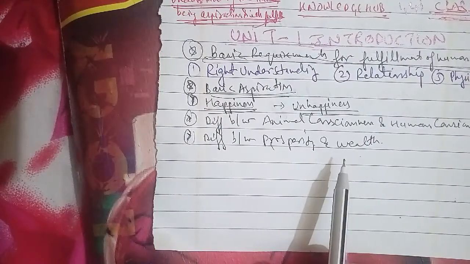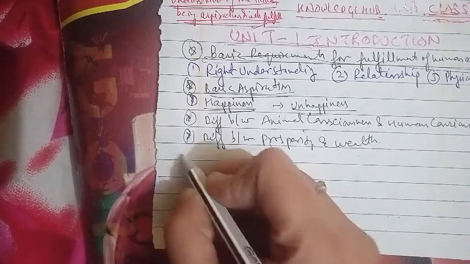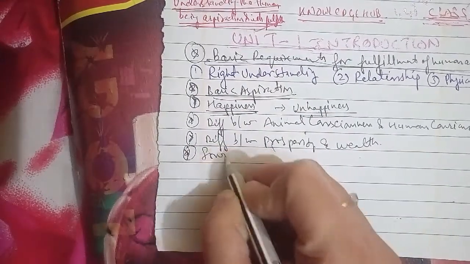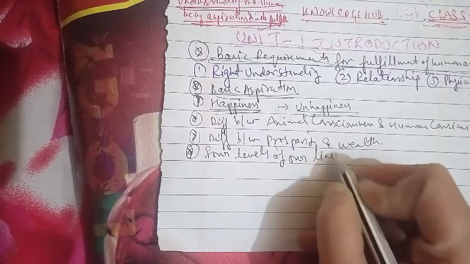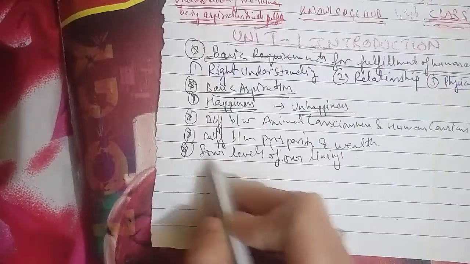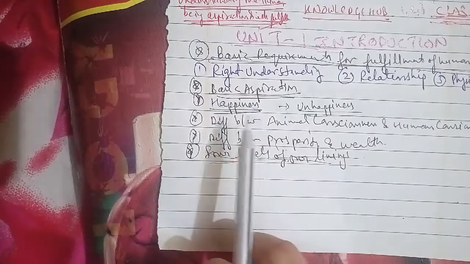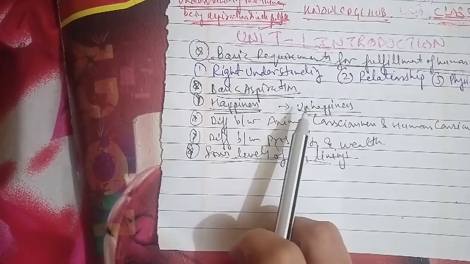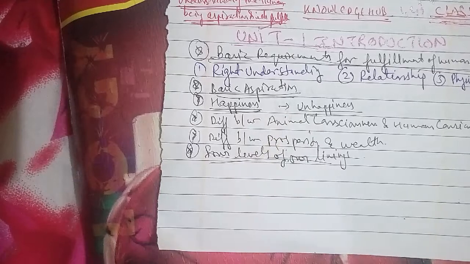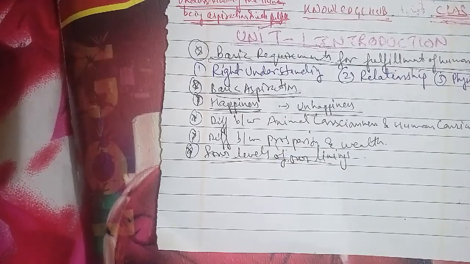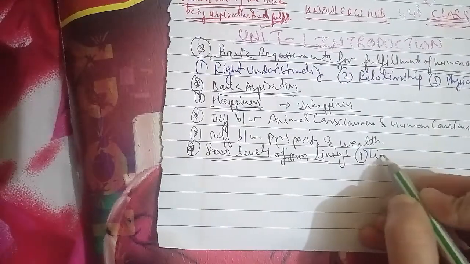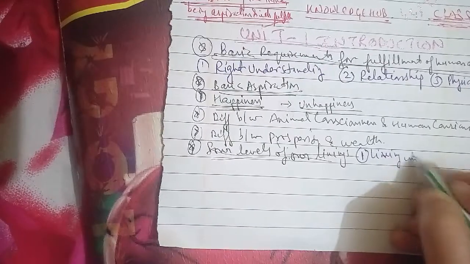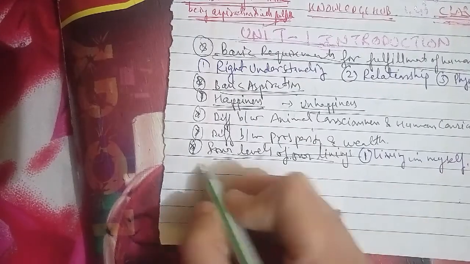The four levels are: first, living in myself; second, living in family; third, living in society; and the fourth is living in nature or existence.